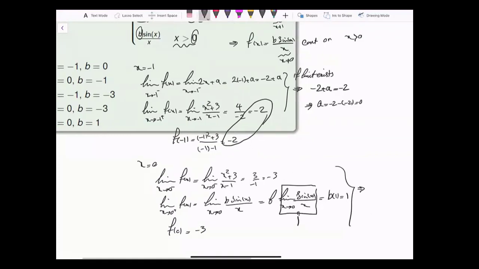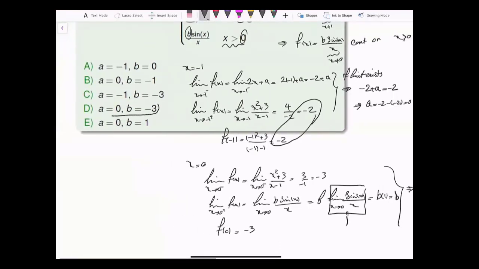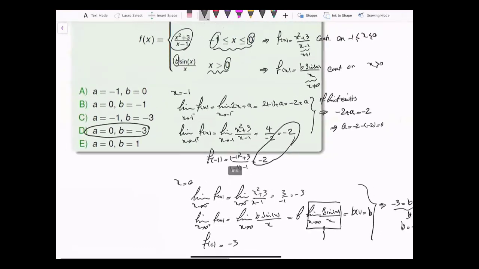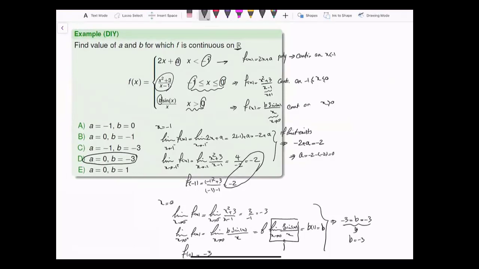So b times 1 is the right limit, and -3 must be equal to b, so b equals -3. From there, you see that we found the value of b. That's how we found that value. And hopefully this is something that you can now look at.